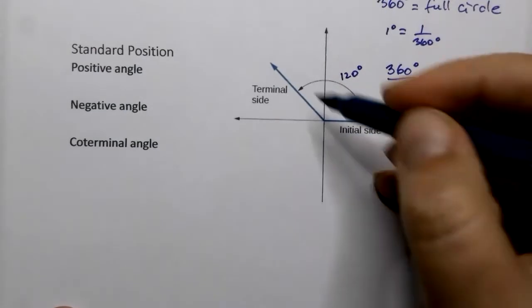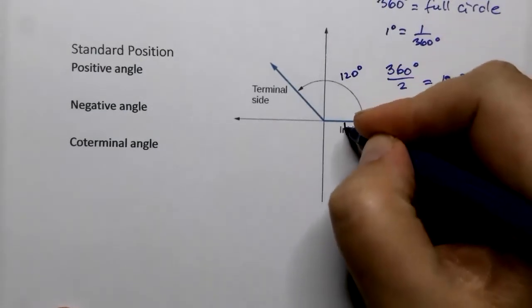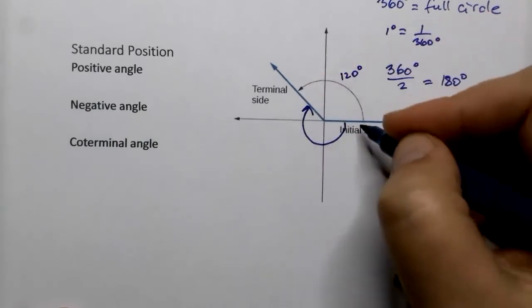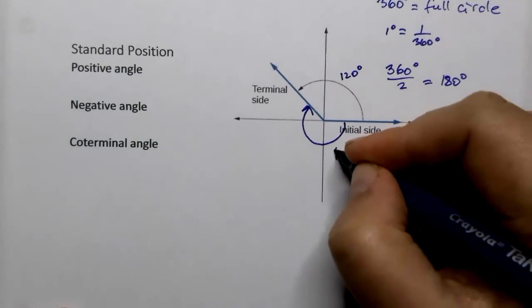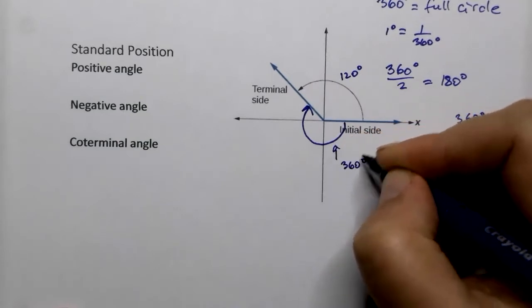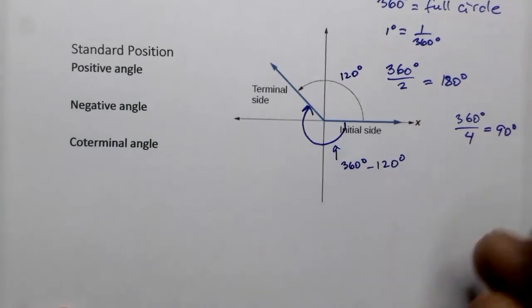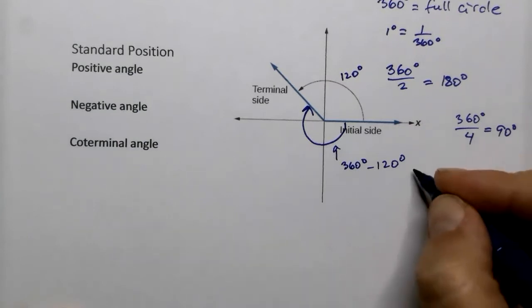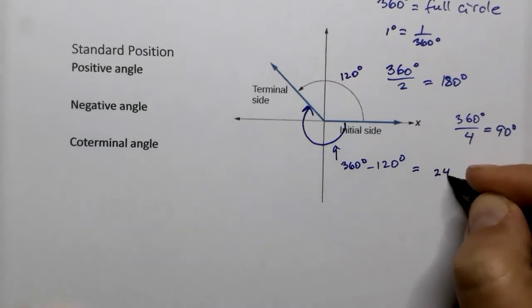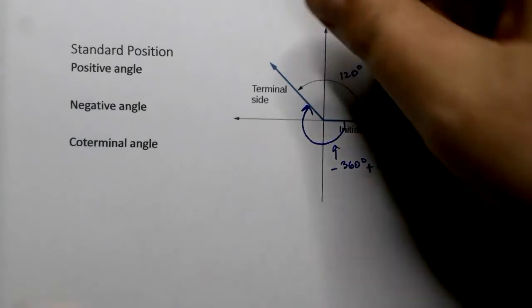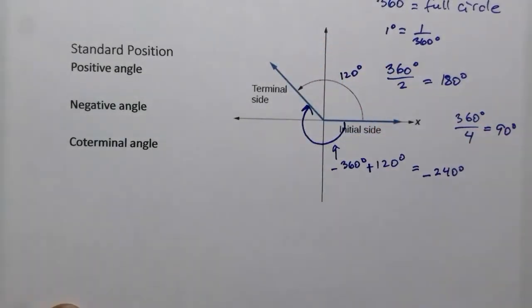So the question is, what would this angle be? Well, if the full circle is 360, and we know that this portion is 120, then this portion is 360 minus 120, which gives us 240. But it's actually a negative 240, because we're going in the negative direction, the negative rotation.